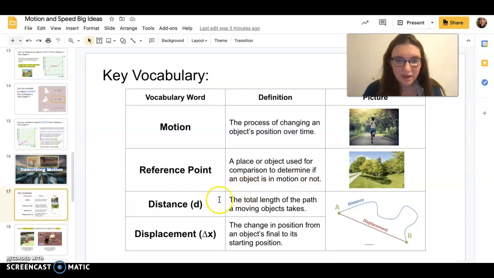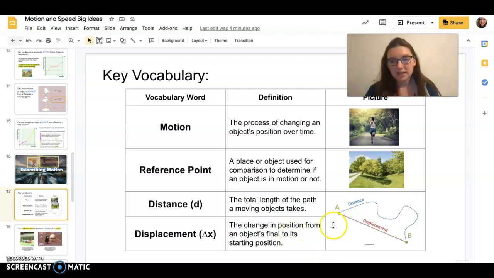Okay? And then we have distance versus displacement. The distance is the total length of the path that a moving object takes. So this whole thing, it'd be like the amount of steps you take, basically, is distance. But then displacement is the change in position from the object's final position to its starting position.